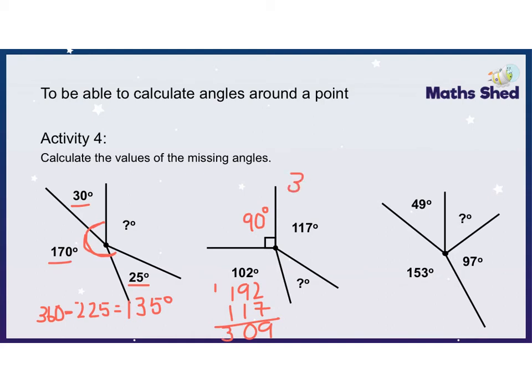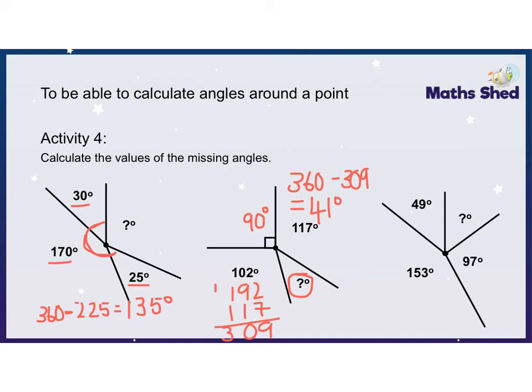Then I need to do 360 take away 309, and that would leave me with 41 degrees. You can check these as well, because 41 degrees is less than a right angle. If I look at this, it is a pretty good estimate, because it's about half of a right angle, which would be 45. So I know that 41 would be a good answer there.